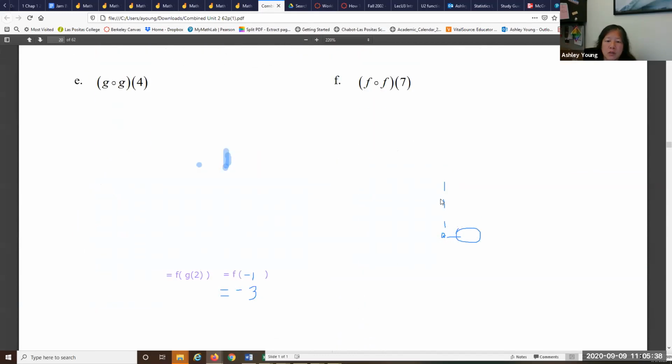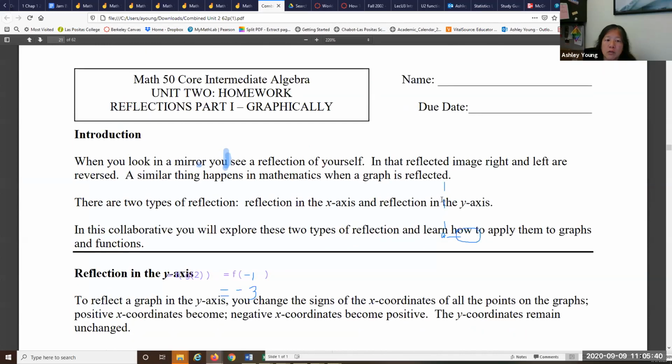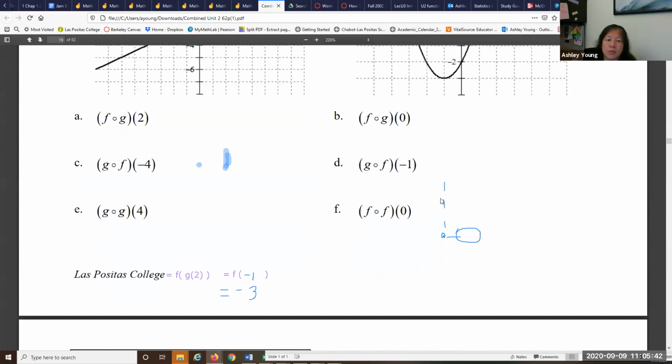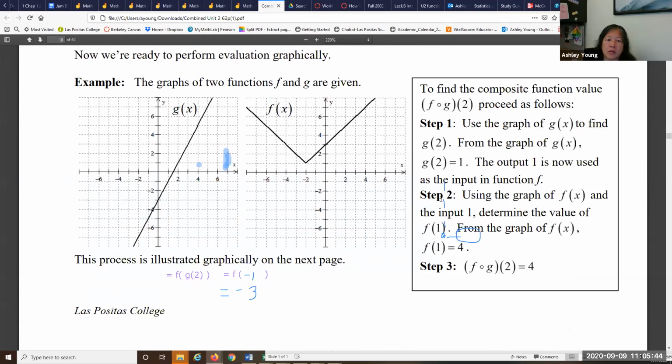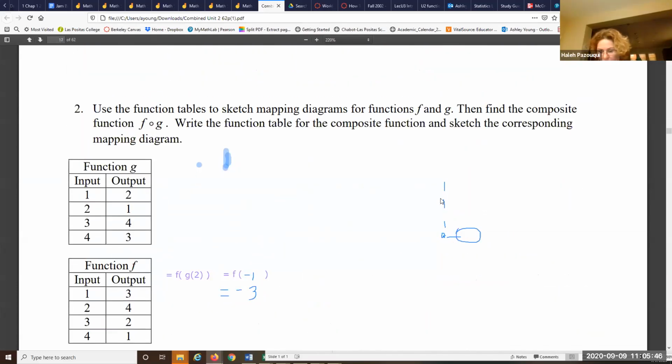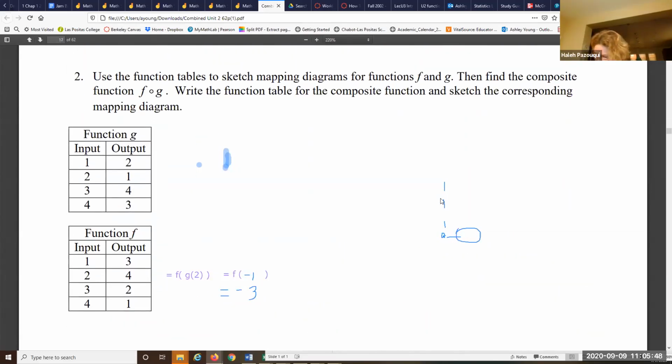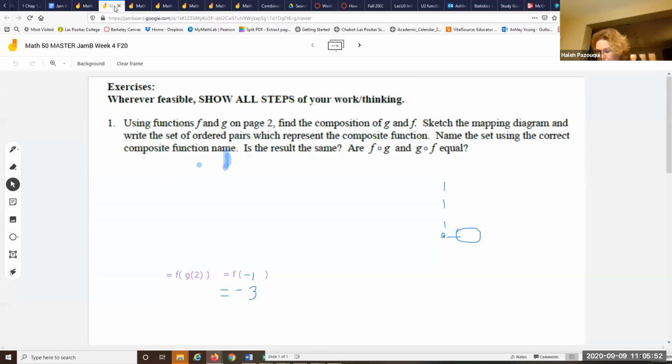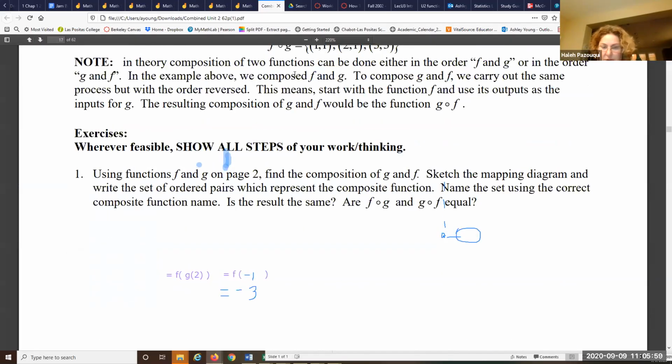Why are these guys not in here? Oh, we already did those, did we? Oh, hang on. I already did this one.